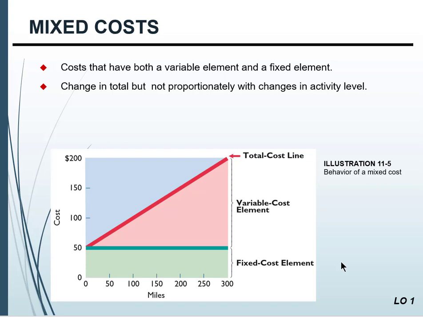There are still costs of electricity when we're not producing products. So we need to be able to segment our utility bills into those parts that are fixed and those parts that are variable, right? That will help us, again, more accurately predict the total costs of operations.